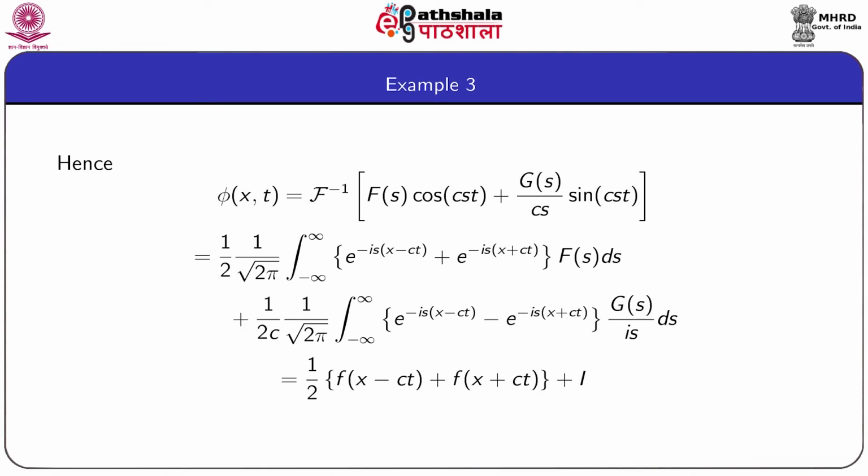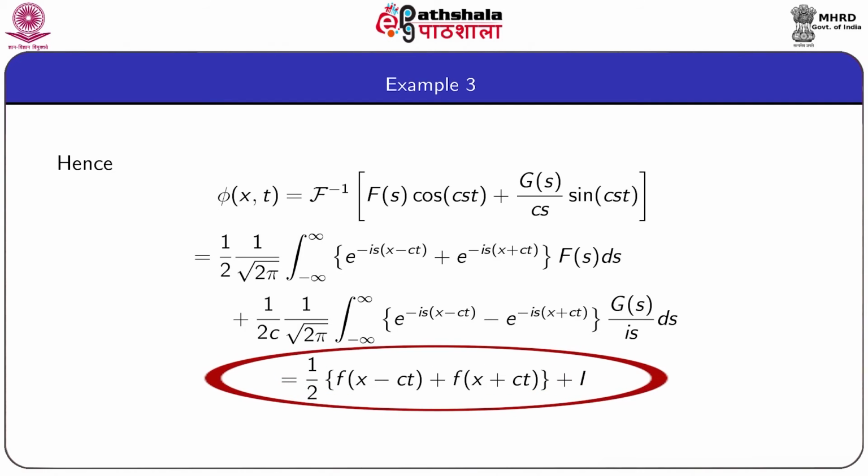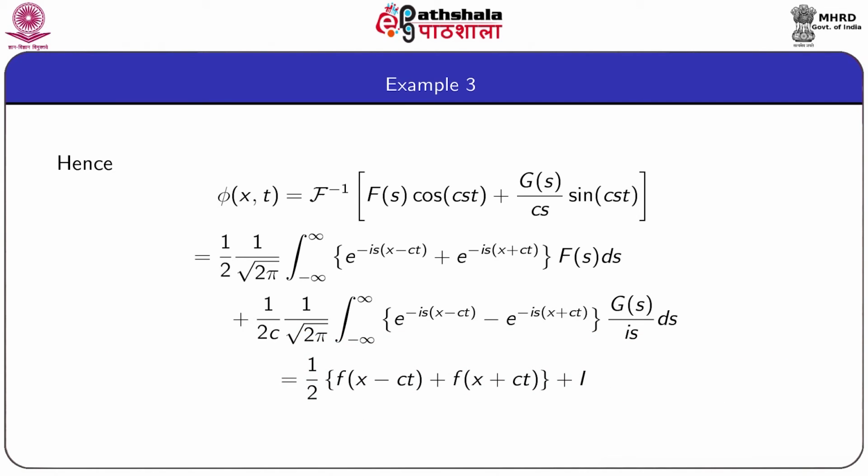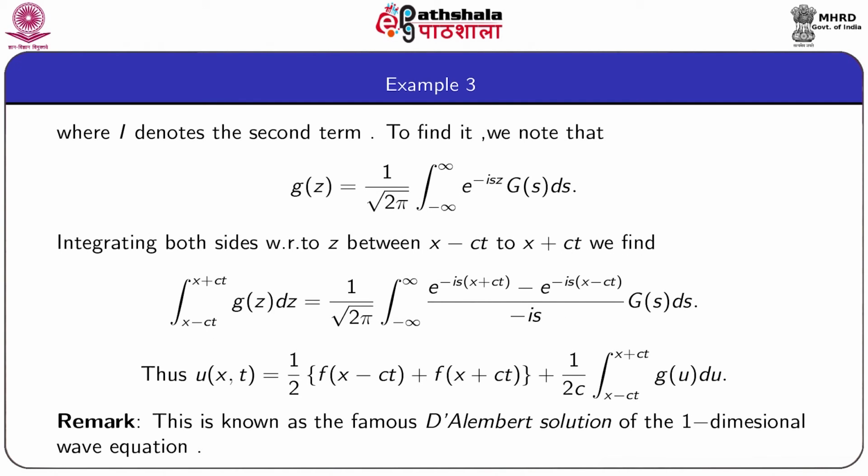So, this first integral can be written as half of f(x minus ct) plus f(x plus ct) by using the Fourier inversion, and the second integral we denote by capital I. If we can find capital I, then the solution of the given partial differential equation, that is small phi, is completely known. Now we have to find the second term, that is capital I.